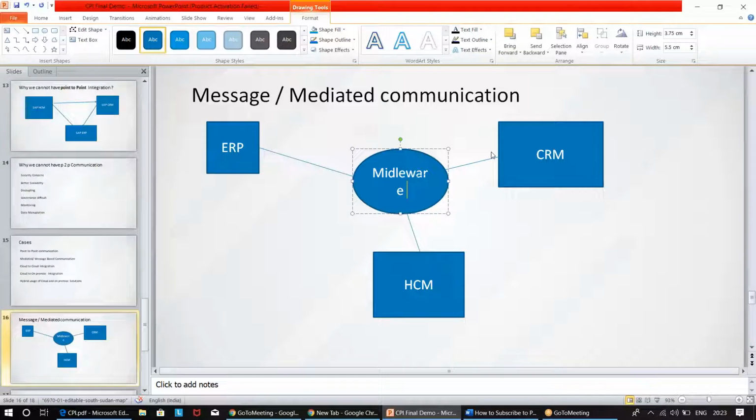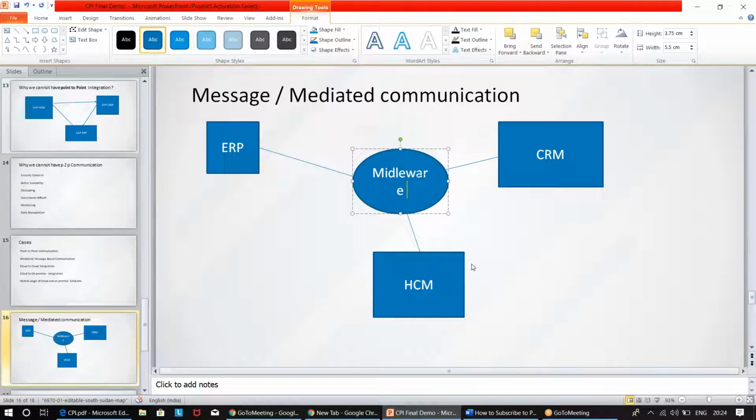So there can be a chance that whatever message we receive from your ERP has to go to two different systems, your CRM and your HCM. Let's think of a case where ERP has a business partner, and based on some logic it has to trigger that business partner to one of the systems.